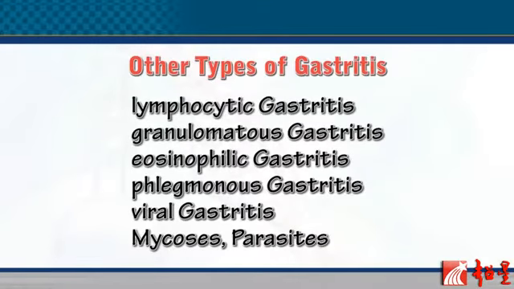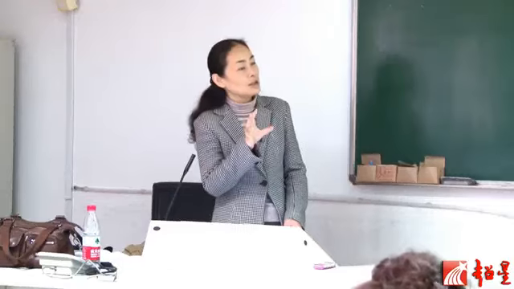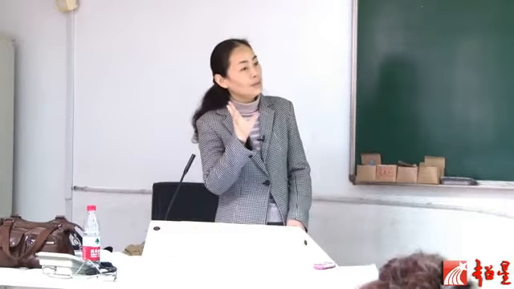So there are other types of gastritis, for example lymphocytic gastritis, granulomatous gastritis, eosinophilic gastritis, phlegmonous gastritis, and gastritis associated with viruses and parasites. They are different, but not common. So we focus on chronic gastritis, including three types: type A, B, and C.